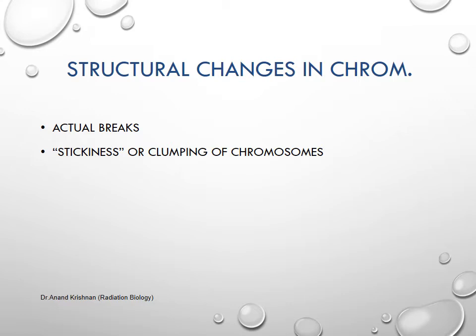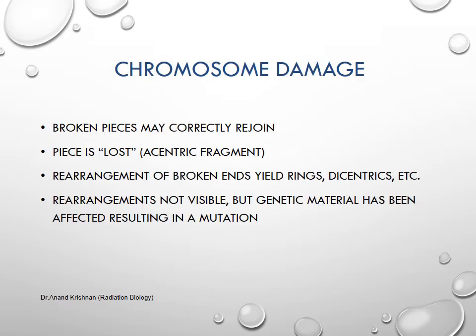We know that there are chromosomes within the cell, and the ionizing radiation can actually break the chromosomes, or make them break and rejoin in a different way.